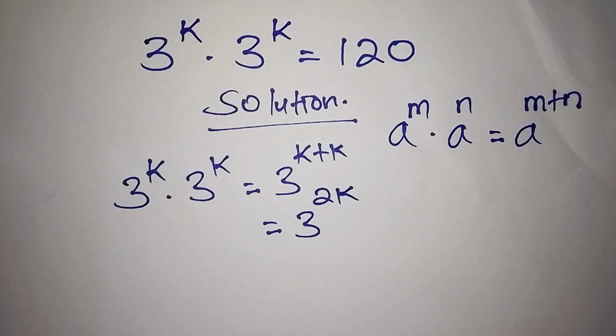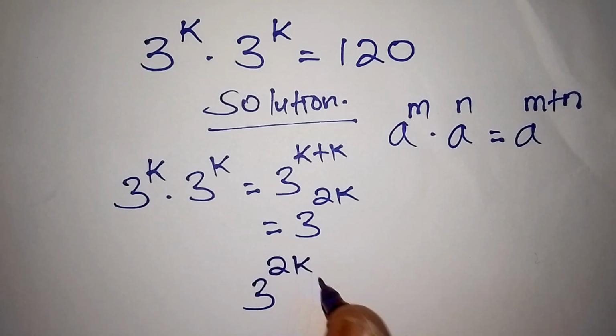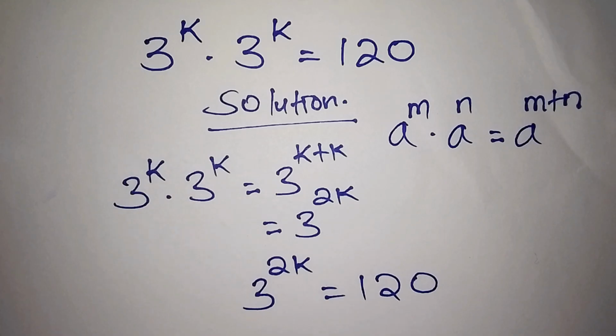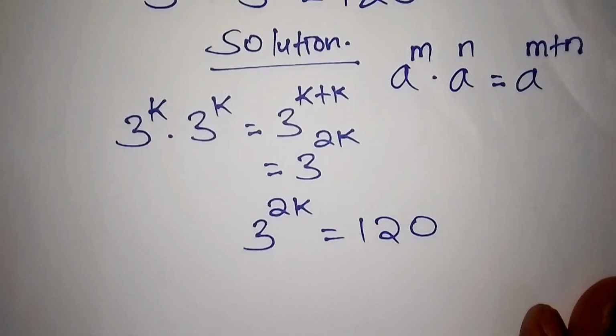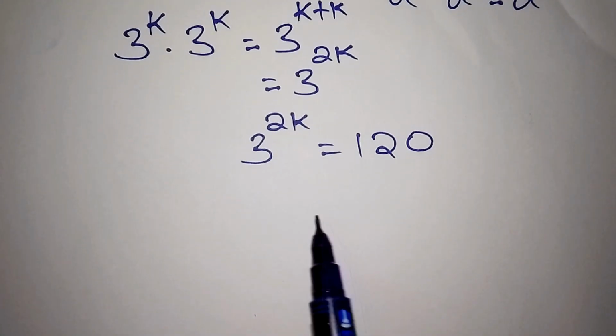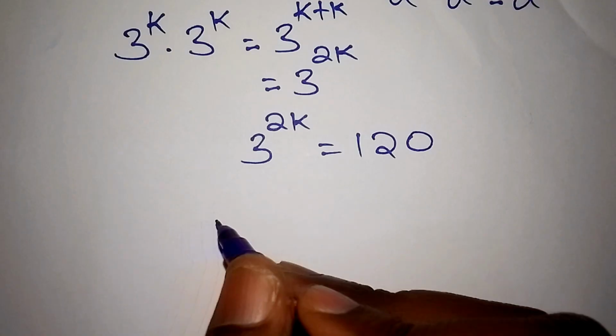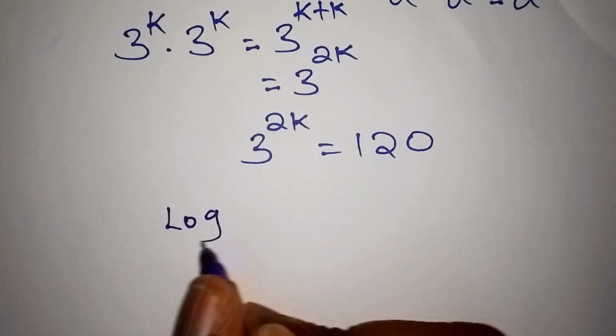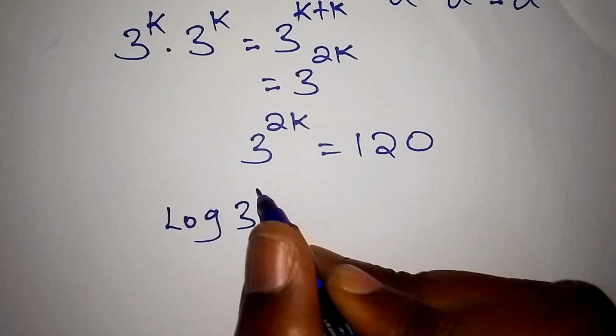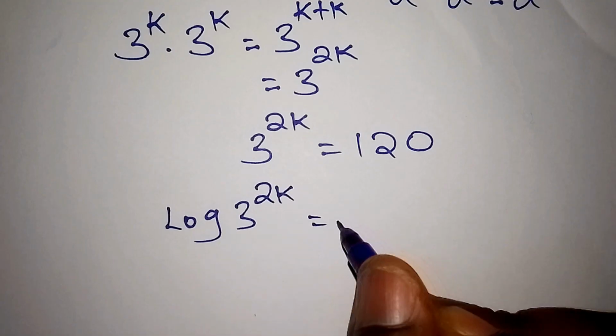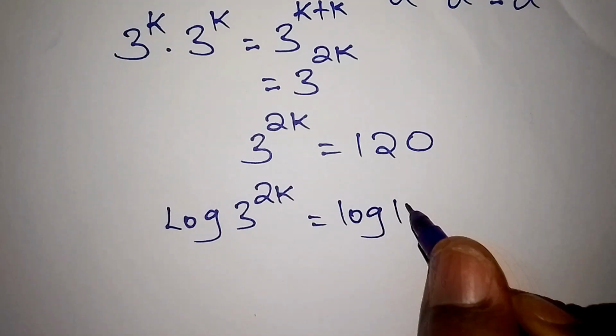So that means we now have 3 to the power of 2k equals 120. We are asked to solve for the value of k, or simplify it further. This we work out by introducing the log on both sides. So we have the log of 3 to the power of 2k equals the log of 120.